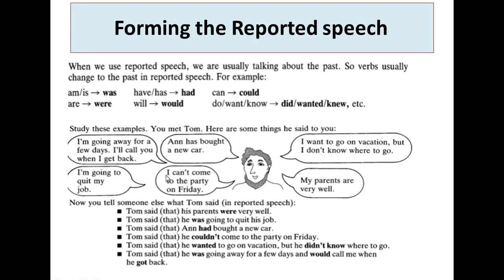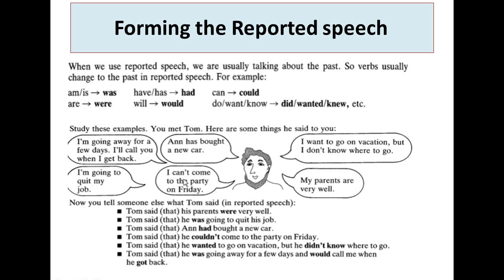Okay, let's see this. "I can't come to the party on Friday." What did Tom say to you? It often starts with the name of the person. So Tom said that what? I becomes he. What's the past of can't?